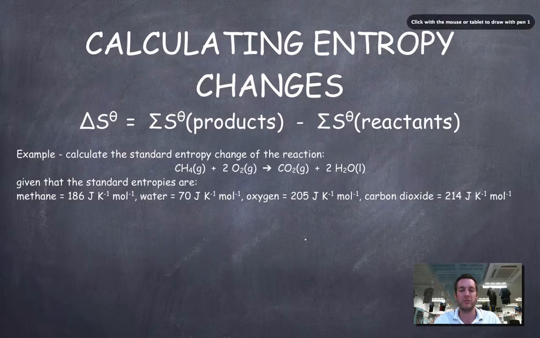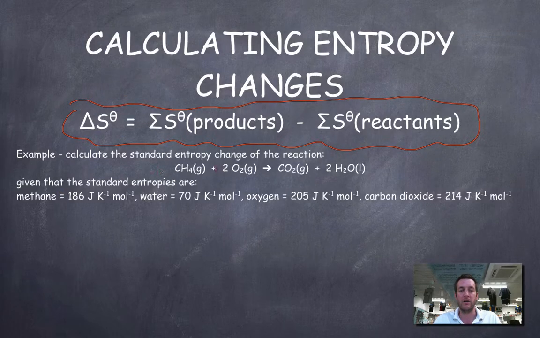Calculating entropy changes, we've got this formula again which we know we can always use. Here is a reaction, and we're given standard entropies of methane, of water, of oxygen, and of carbon dioxide. So we're going to say that delta S is the sum of all the entropies of the products, which will be the carbon dioxide, 214, plus 2 times water, so 2 times 70.